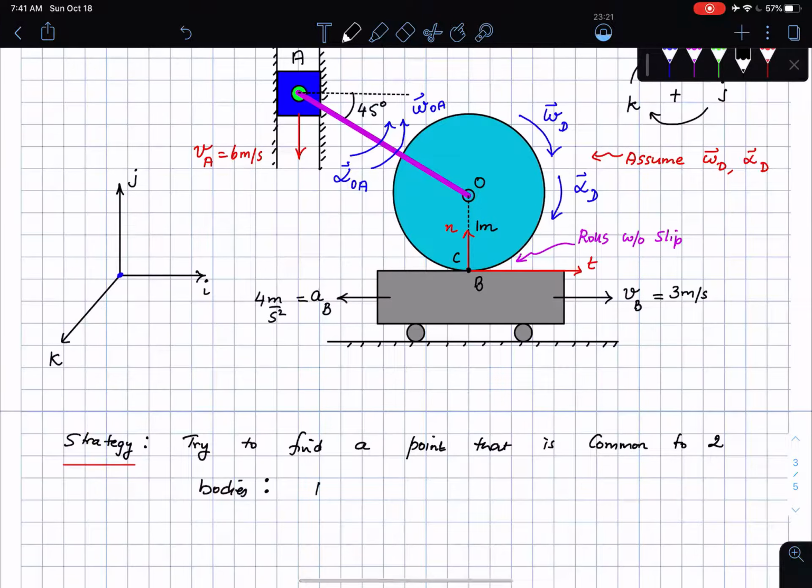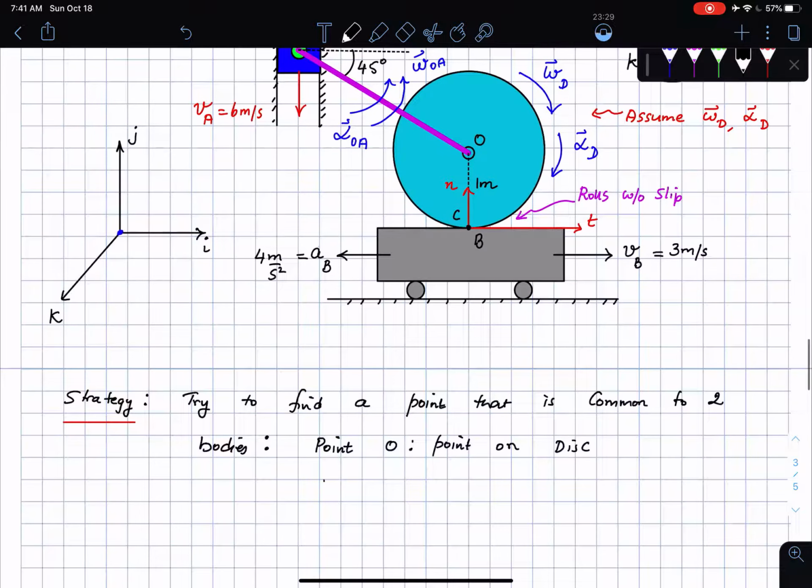Point O is a point on the disk, and point O is also a point on bar OA, right? And then the strategy is fairly straightforward. I write the velocity of point O using information from the disk.